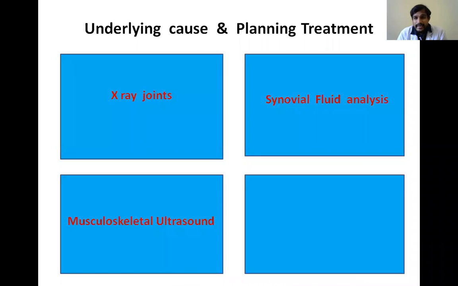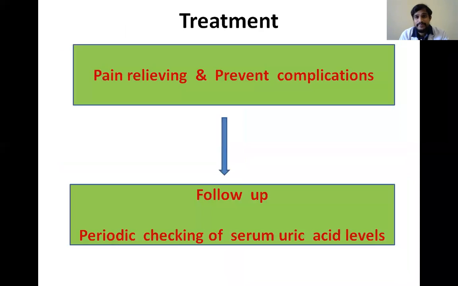So we will see the underlying cause and we'll give the treatment. We'll plan the treatment depending upon the underlying cause, whether it is primary gout or secondary gout, whether it is hereditary or secondary to some other disease. So we'll see all the things and we'll plan the treatment.